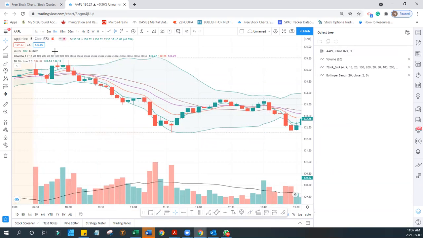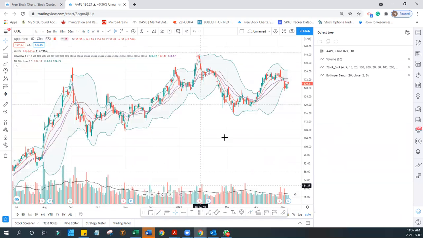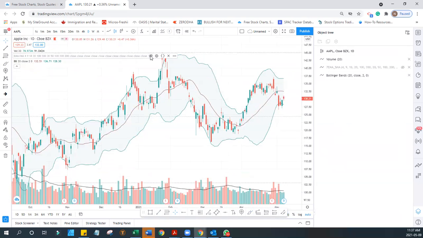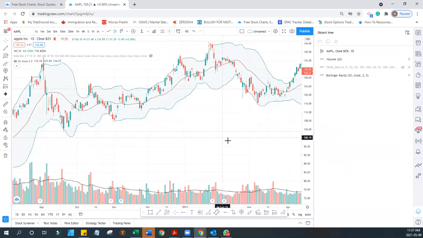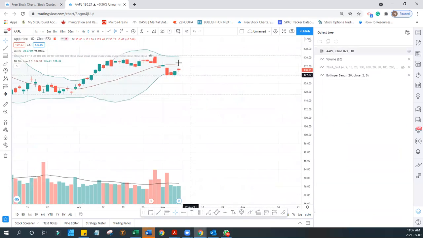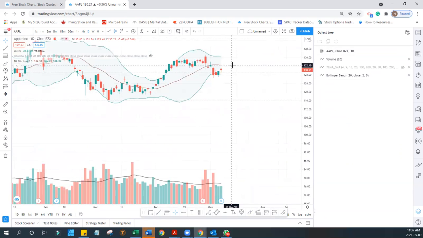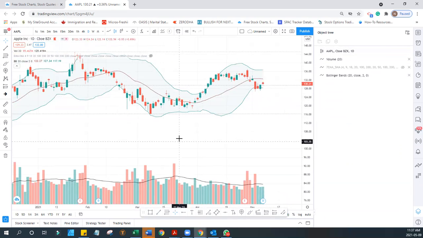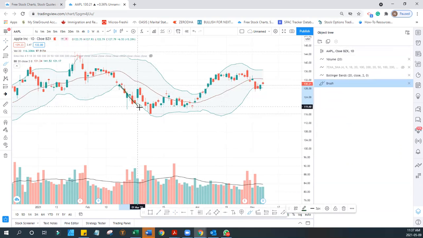You can. Let's say the day, I'm going to turn off this. If you are a swing trader, this is the 20 EMA. Whenever the price gets to the 20 EMA, it will react, either going up or down. This will act as a support. When you see the price going along the Bollinger Band, you can be either short or long.